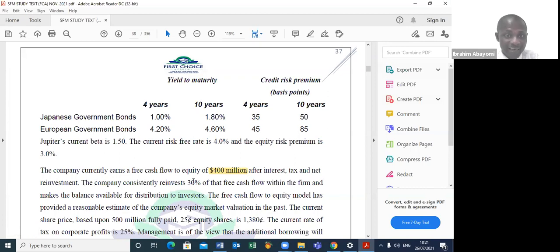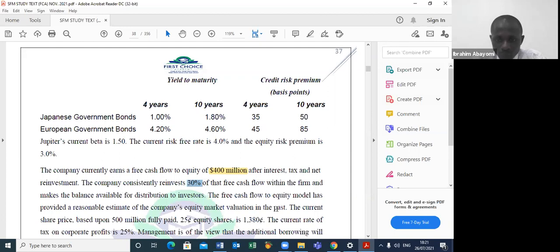The company consistently reinvests 30% of the free cash flow within the firm and makes the balance available for distribution to investors. And the free cash flow to equity model has provided a reasonable estimate of the company's equity market valuation in the past.